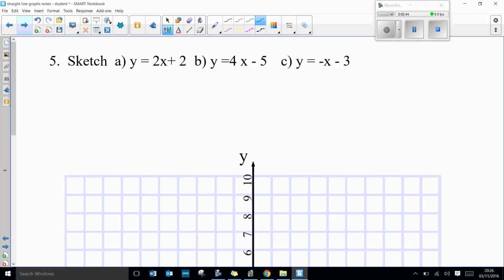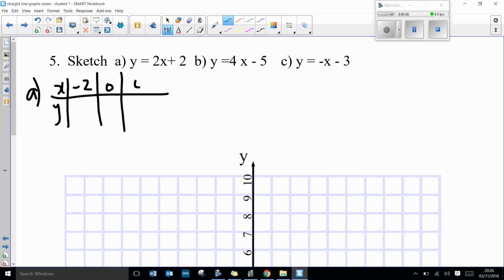Some more sketches. These are more complicated, but we're going to use the same 3 values. So negative 2, 0, and 4. So 2 lots of negative 2 plus 2. So in this box it is 2 lots of negative 2 plus 2. 2 times negative 2 is negative 4, plus 2 is negative 2.